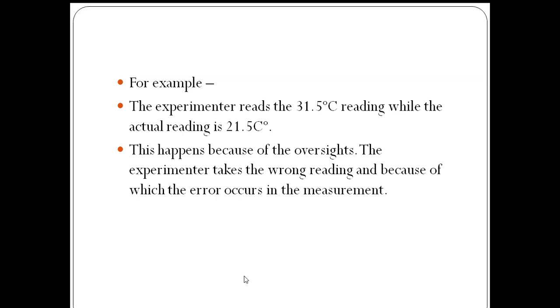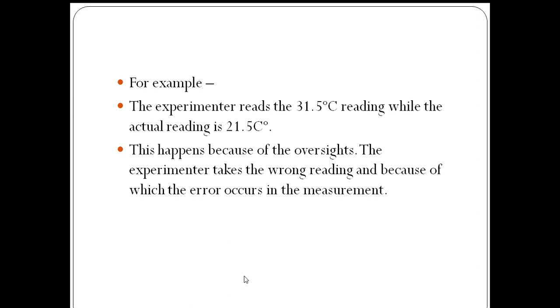Let us take an example. In an experiment, the person reads 31.5 degrees while the actual value is 21.5. In the display it is 21.5 degrees, but due to the operator's mistake, he has read the value as 31.5 degrees centigrade.